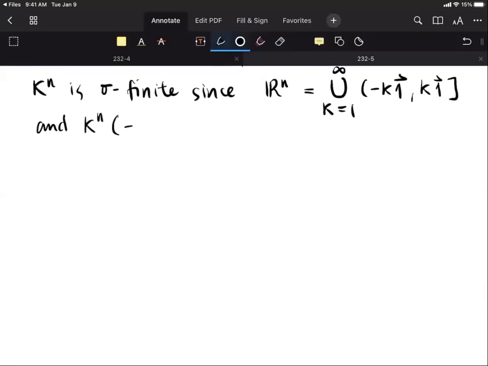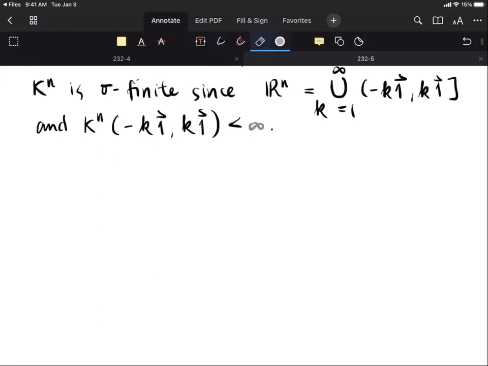Take note that this kappa here looks like k. Okay, so let us make a distinction. So negative k. The measure of this, or I should say, the content of this is equal to, well, you can calculate. This is finite.